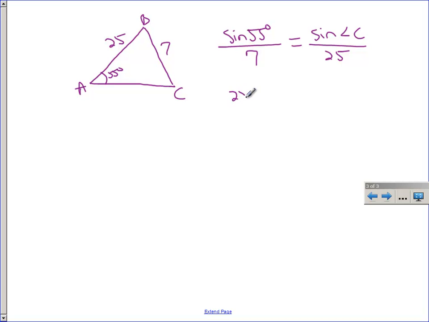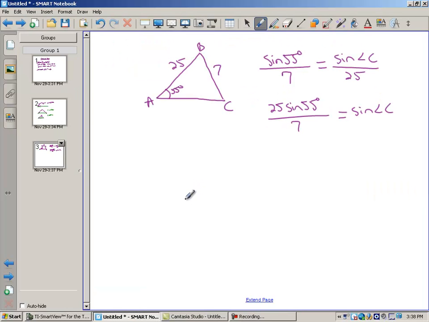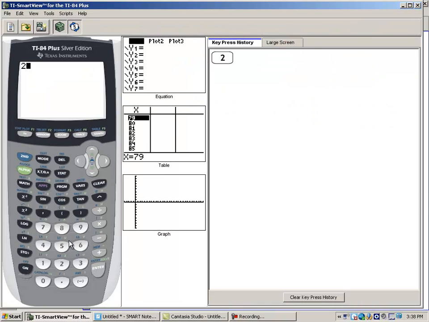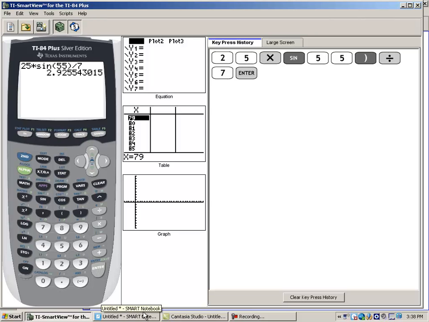We can just cross multiply here: 25 times the sine of 55 degrees divided by 7 equals the sine of angle C. So let's go to our calculator and see what that looks like. Let's do 25 times the sine of 55, close parentheses on that 55, and then divide it by 7. What does this give me? 2.925.